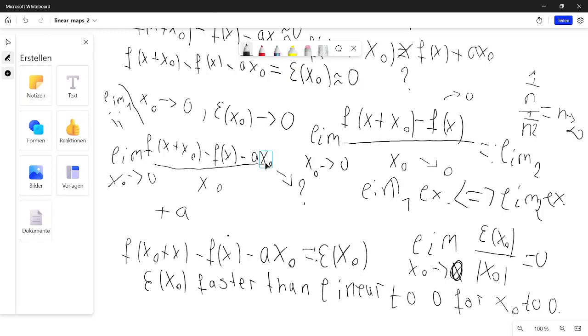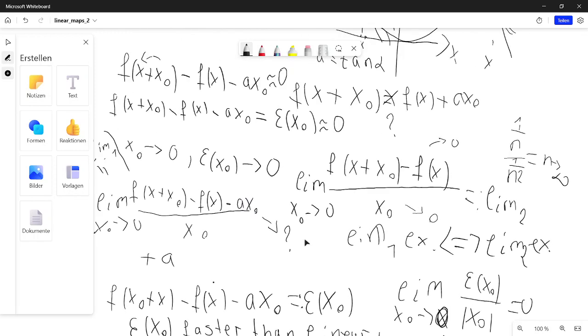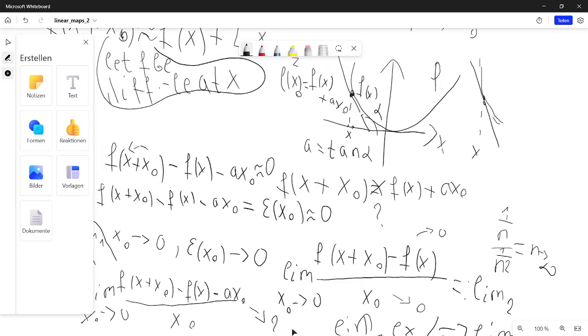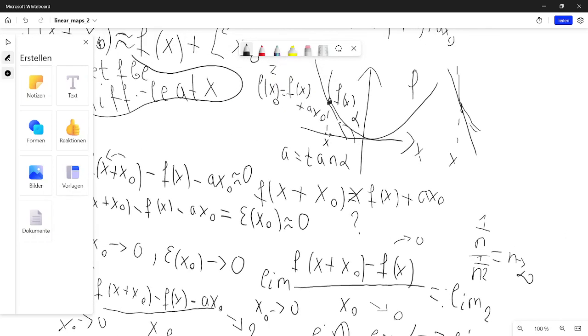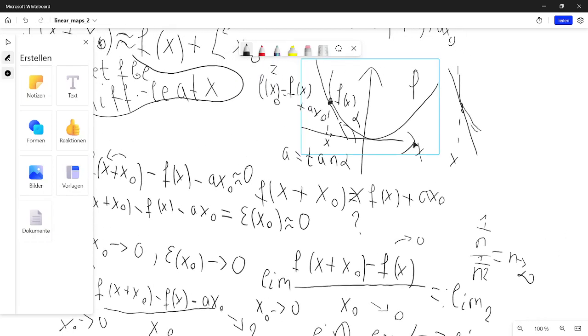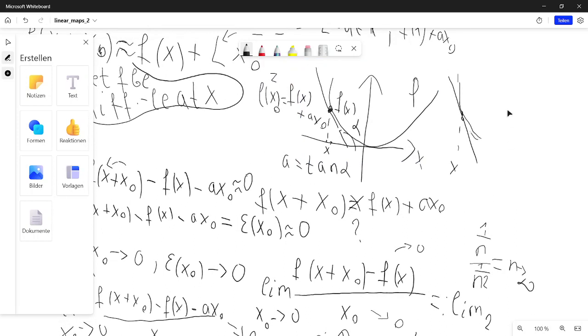And as I said, this is the simple case of the derivative where the function f goes from R to R. So we took the parabola here for illustration, but of course we mean it more generally. We mean the case of a function from R to R differentiable at x, right?